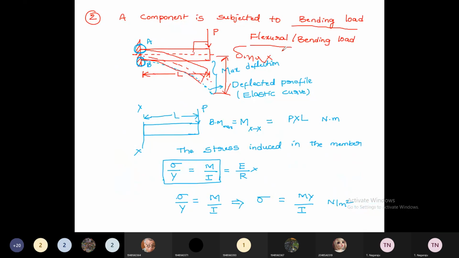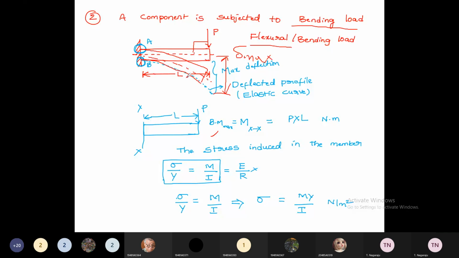To calculate the value of bending stresses, first you have to know the concept of bending moment. Bending moment is nothing but force into perpendicular distance. Here we have only one point load, so P is the load at the extreme end.